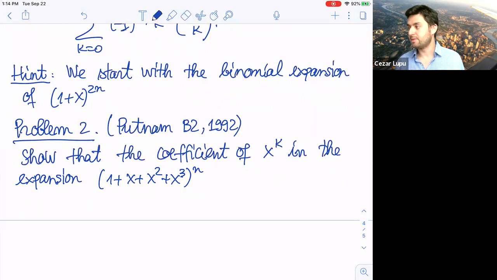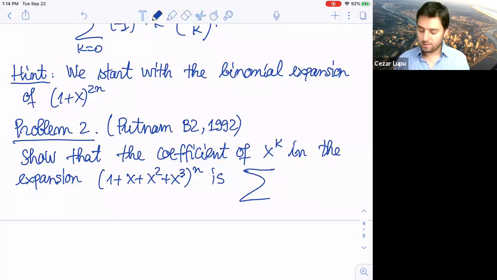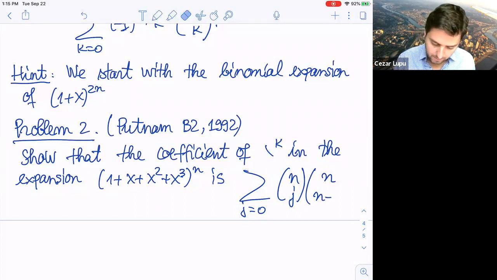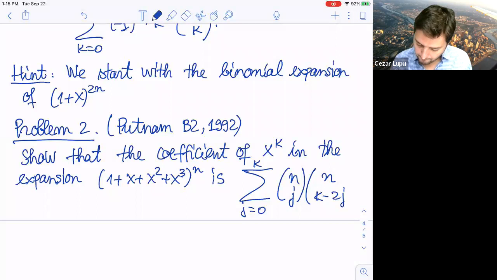Wow, that's quite an expansion. Yes, it is the following. It will be this sum from j equals 0 to n of n choose j times n choose k minus 2j. Wait, sorry. So j, okay, because it's k here, let's not mess things around. And here will be k minus 2j.